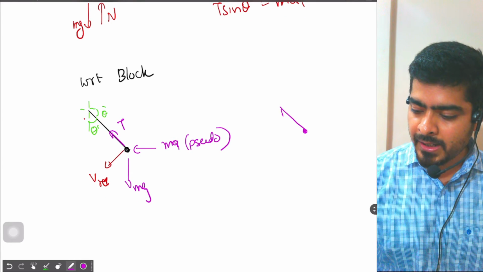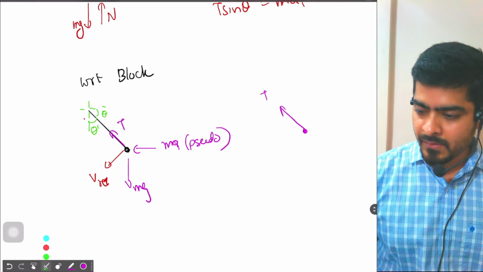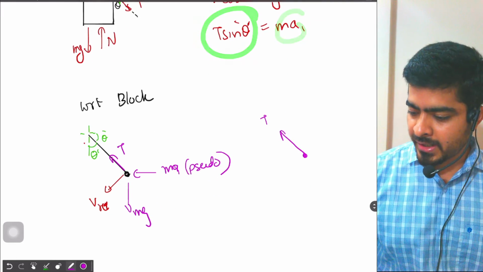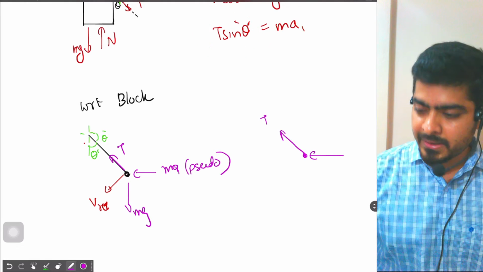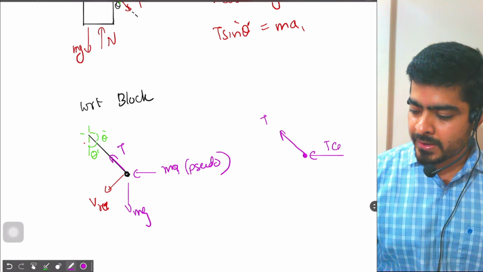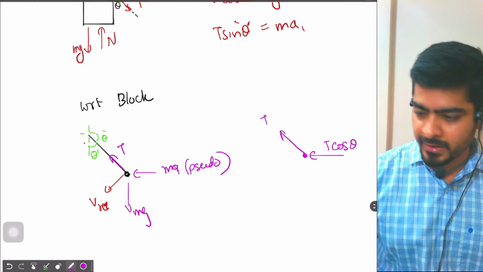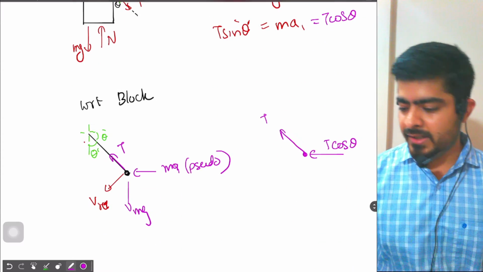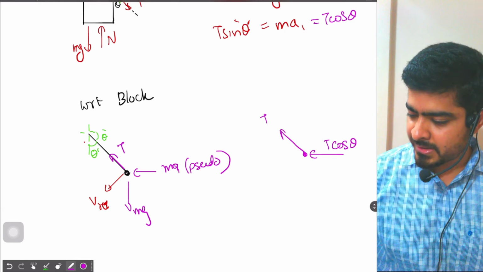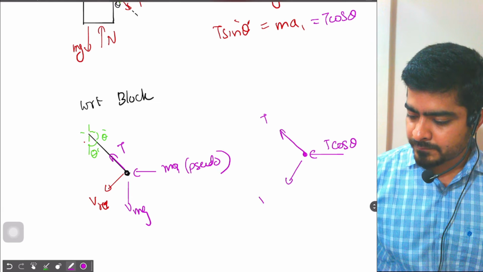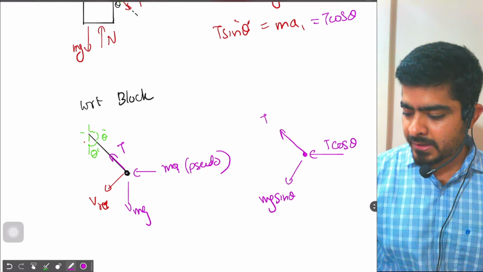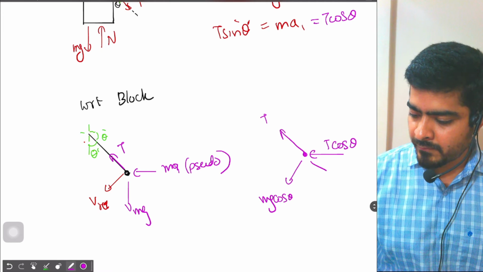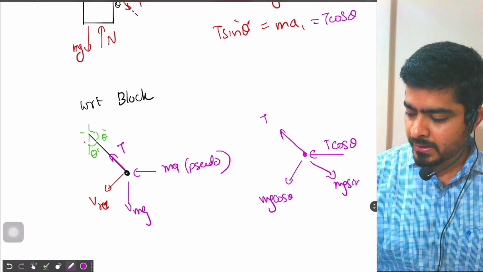So now with respect to block, I draw the FBD again. So here I have tension, m a1 is equal to T sine theta. So here I have T sine theta dash or T cos theta right now. For now we'll write down this is T cos theta. T cos theta is T sine theta dash. We'll replace the parameters later on. Then we have mg cos theta, and here we have mg sine theta.